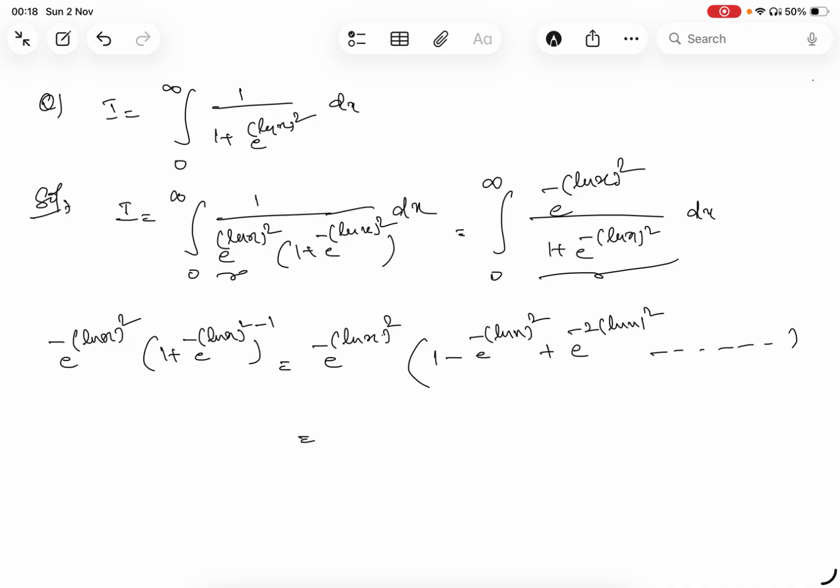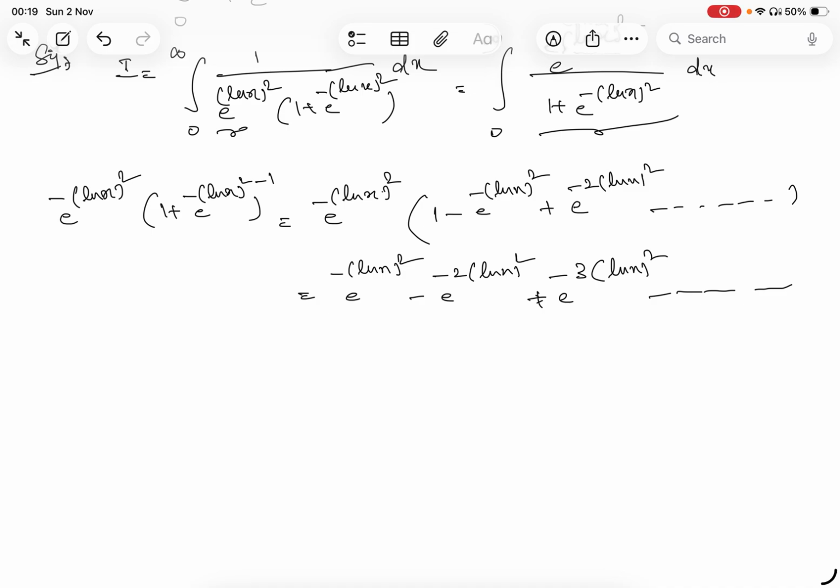Then this will be e power minus of ln x whole square minus e power minus 2 into ln x whole square plus e power minus 3 into ln x whole square minus and so on.